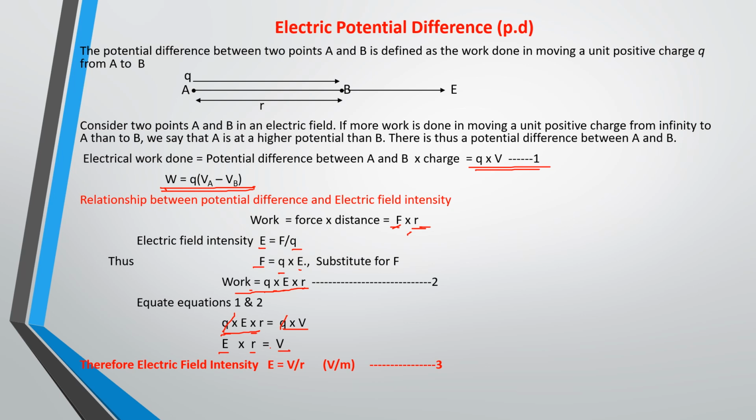So from this we get that electric field intensity equals potential difference over the distance, and the unit for this is volts per meter. So this is the relationship between the electric field intensity and the potential difference.